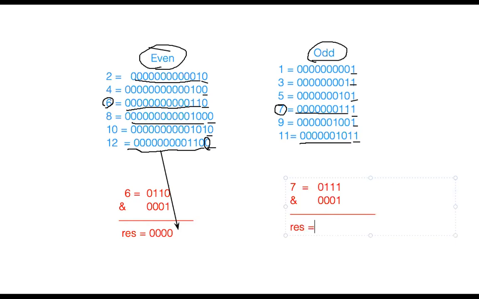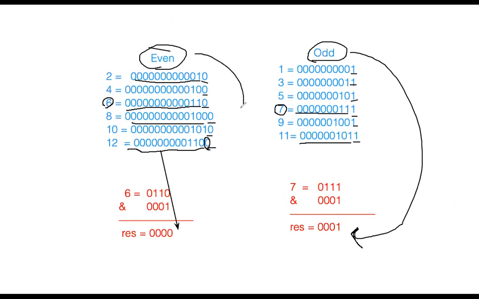RES is 0, 0, 0, and the last is 1. So can I say here, if my number is odd, I'm getting the result as 1, and if my number is an even number, I'm getting the result as 0.